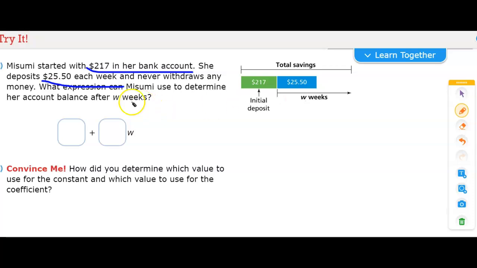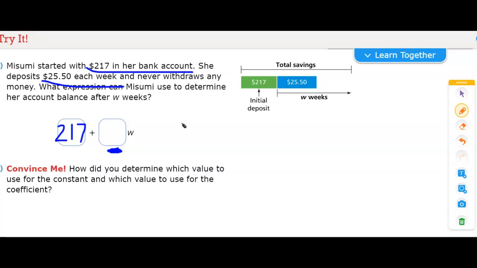So the expression is what they would like for us to create. Again, following the steps from the example, the initial deposit will be on the outside here, 217, and the number attached to the variable, we think, if it's $25.50 each week, we know that is just going to be repeated addition of the $25.50 each week, and repeated addition is multiplication.